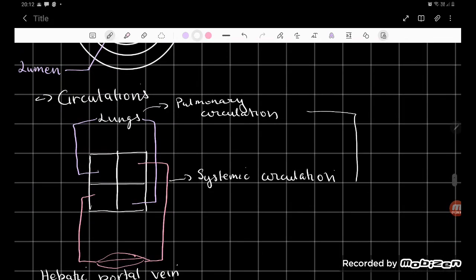This is called double circulation, by the way. I forgot to add that.